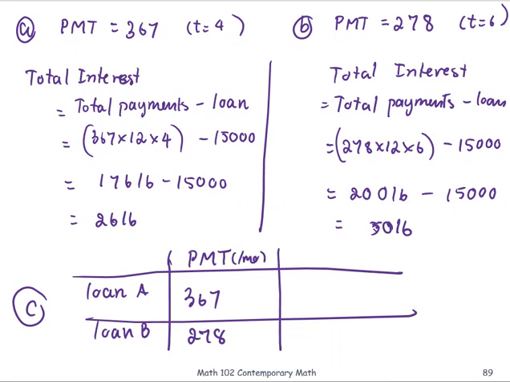And then for the total interest, for loan A, you pay interest 2,616. For loan B, you pay interest 5,016. That means with a longer period, you're gonna have to pay more interest.